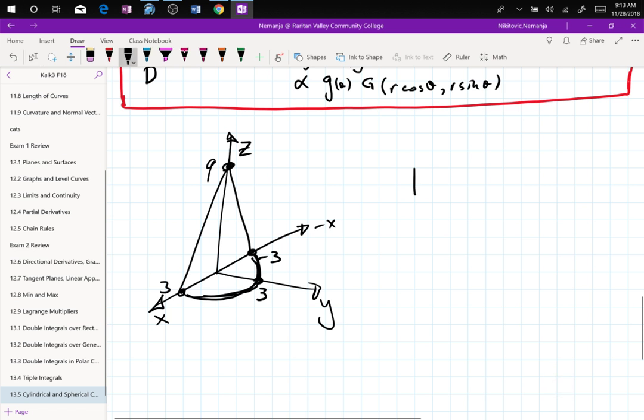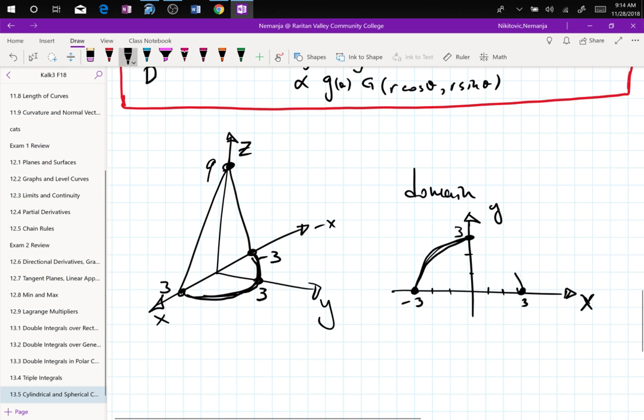So what is my domain? If I draw my xy domain, I go 1 to negative 3, I go 1 to positive 3, and then draw half a circle.